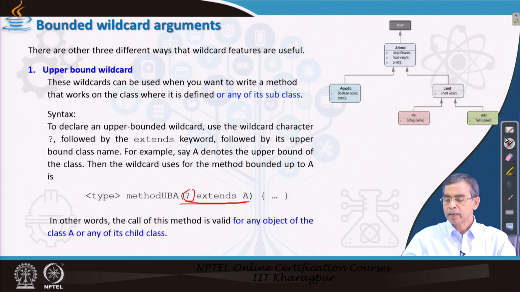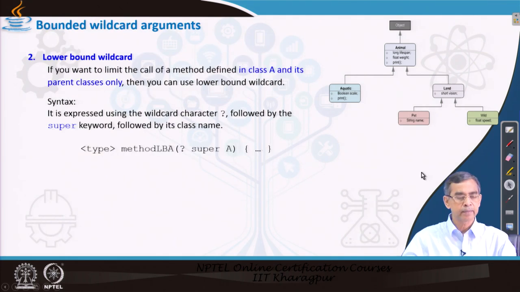Similarly, the lower bounded wildcard argument can also be defined. So, here is the lower bounded wildcard argument syntax, as you see. In lieu of the extends keyword, you just use super and the name of the class.